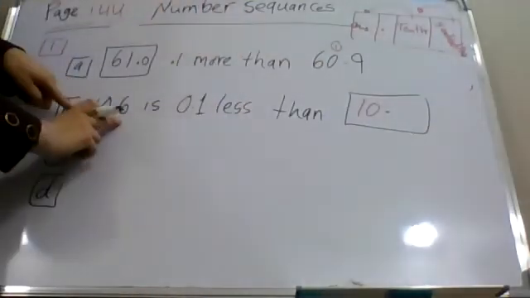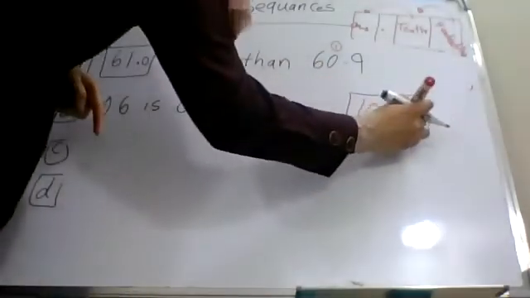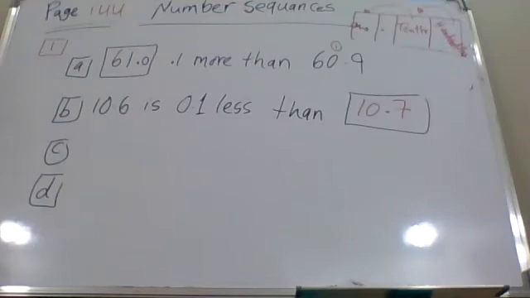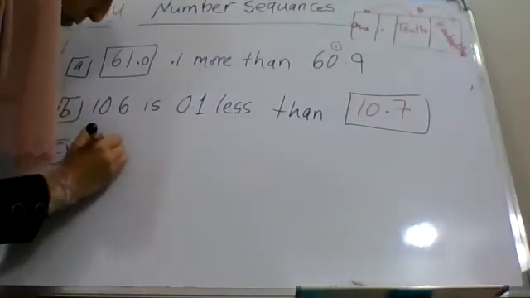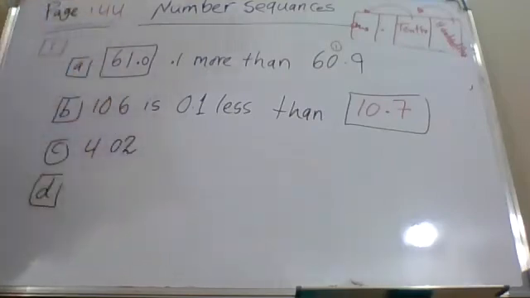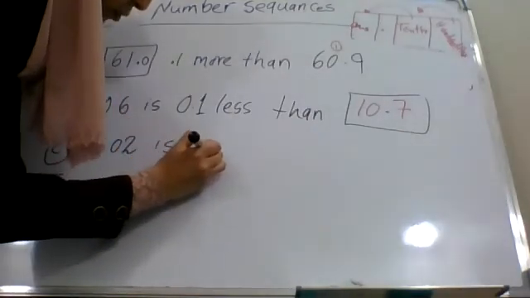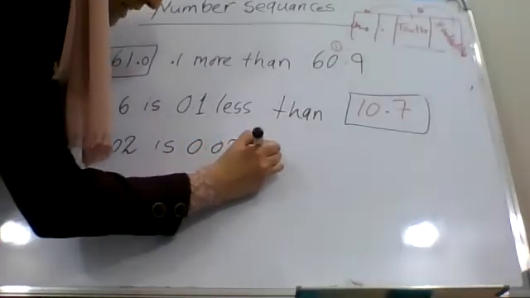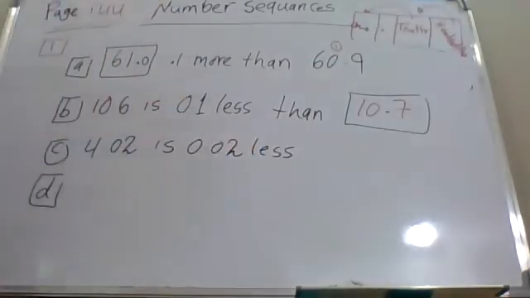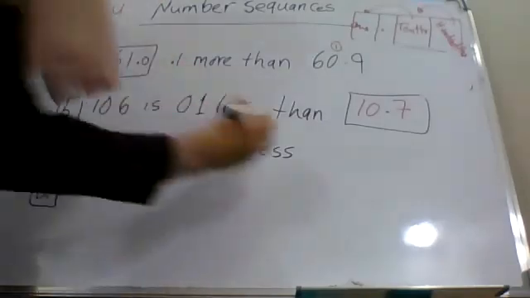I have here 0.6 plus 0.1, it's 0.7, okay? Next question. C, 4.02 is 0.2 less than what?